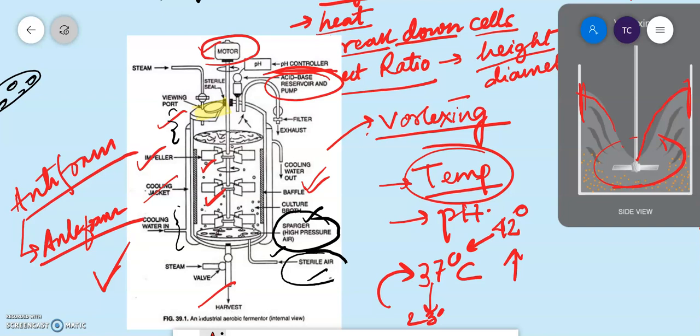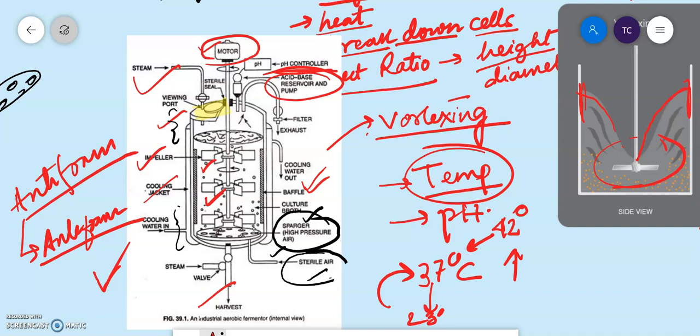So this is all about the basic design of your biofermenter, which comprises aeration, agitation, vortexing, and all those things which come into play. Okay. In my next class, we will be discussing the sensors. We have talked about temperature and pH, but what type of sensor is determining the temperature? What type of airflow system is there?